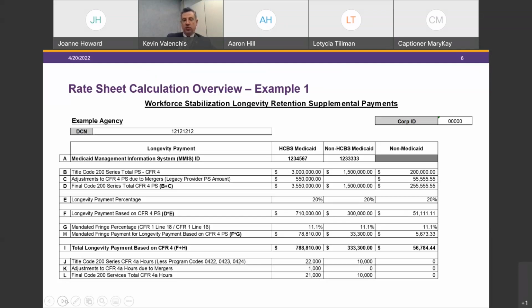I wanted to walk you through one example, looking at the longevity and the retention payment calculations and what components went into how we determined those rates of payment that have been made available through eMedNY through both the state plan and waiver authorities, funded through Medicaid. So first and foremost, you should all be pretty set on the format of what we're going to go through.